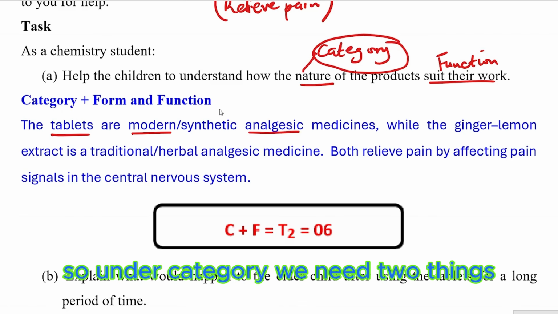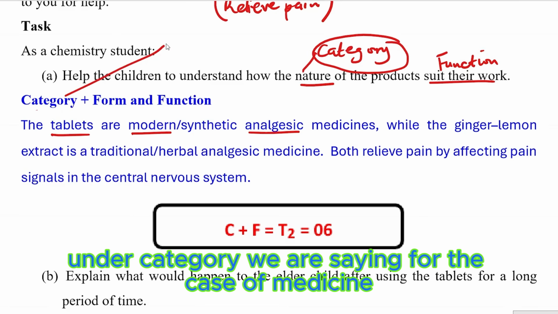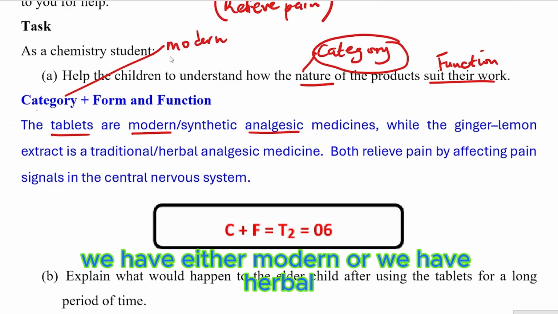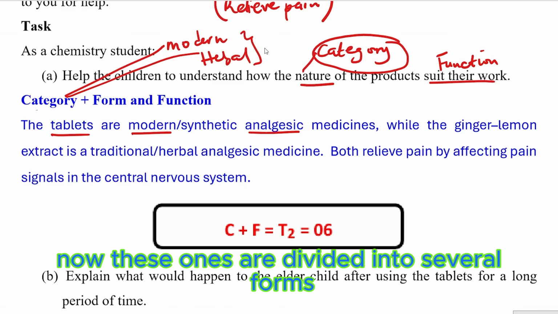So, under category, we need two things. The category itself, where we are saying there are two things under category. We are saying for the case of medicine, we have either modern or we have herbal. Now, these ones are divided into several forms.